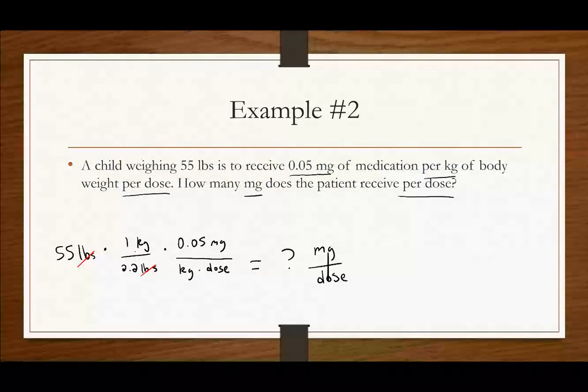When we multiply our kilograms together, we'll end up with our milligrams per dose as desired. So we have our units canceling appropriately. When we do this computation, we get 55 times 0.05 in the numerator, and dividing that amount by 2.2 should give us a solution of 1.25 milligrams for every dose.